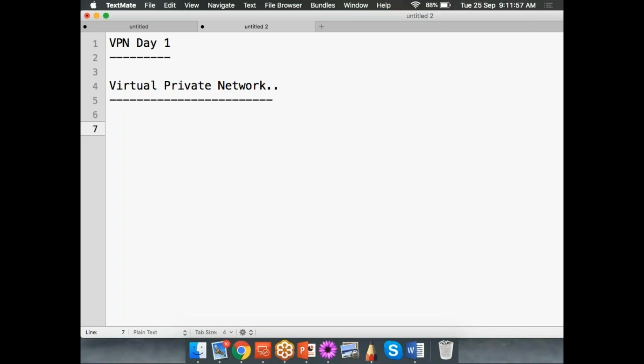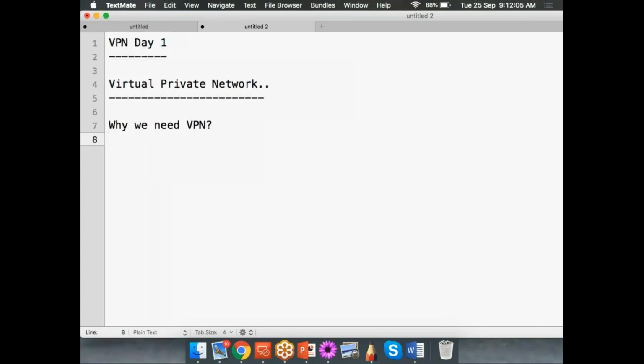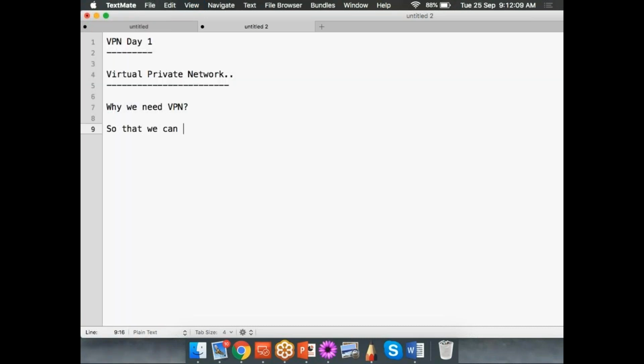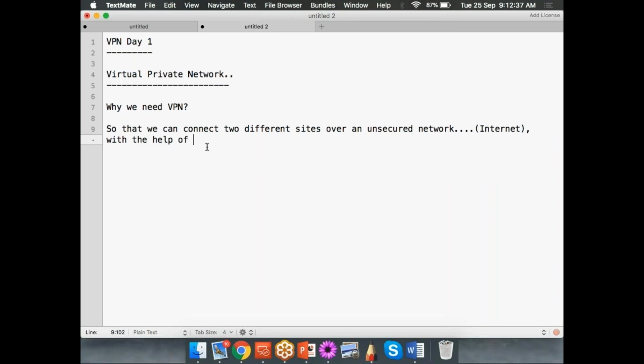Why we need VPN? The answer is so that we can connect two different sites over an unsecured network, which is your internet, with the help of certain algorithms which provides us confidentiality and integrity.